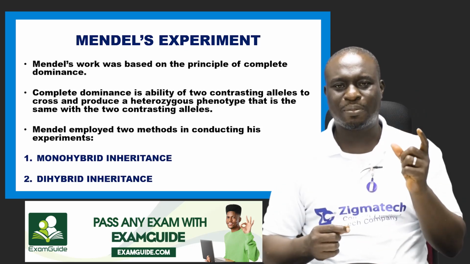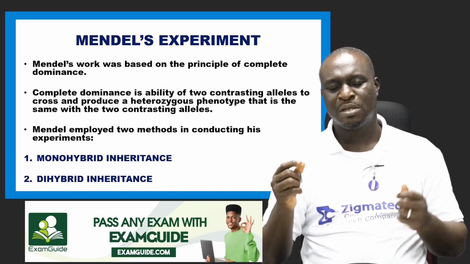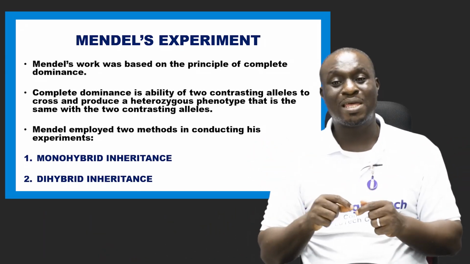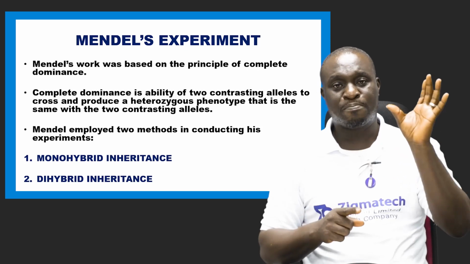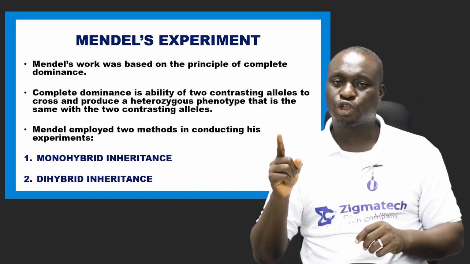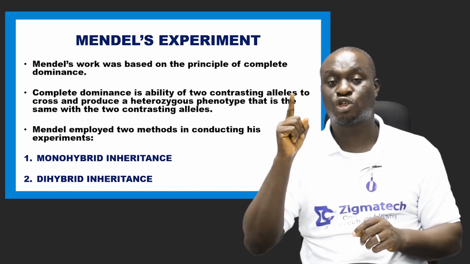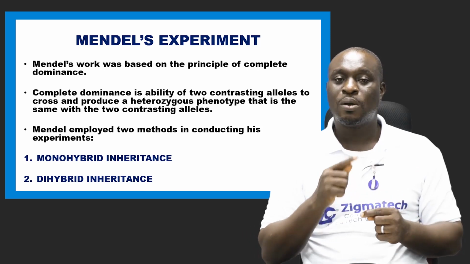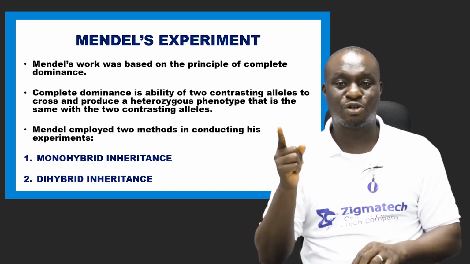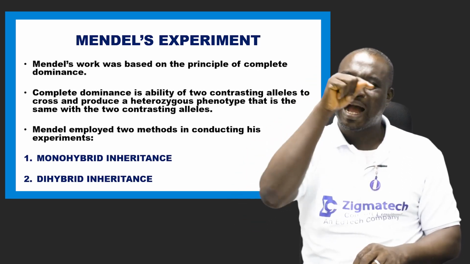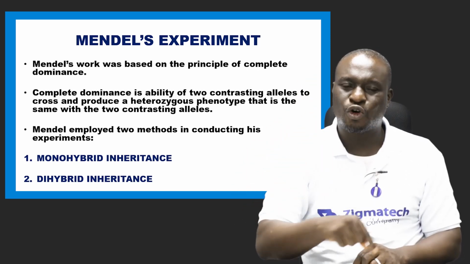Now, I have a tall plant and I have a short plant. When they cross, they give rise to a heterozygous. Remember, the pure tall plant is homozygous, big T, big T. The pure short plant is homozygous, small t, small t. But when they cross, they give rise to big T, small t, which is heterozygous, but still carries the same phenotype as one of the parent organisms.